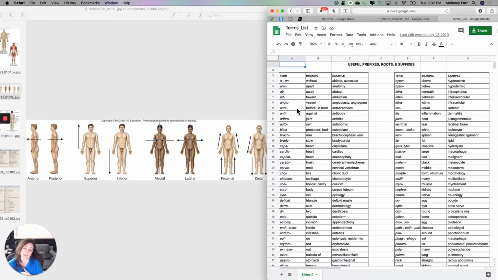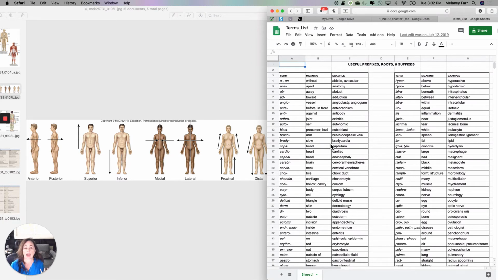So if, for instance, I ask you what a hematocytoblast is, and you have no idea, but you know that hemato means blood, cyto means cell, and that blast means bud or precursor, then you might be able to figure out in context that a hematocytoblast is a blood cell precursor, meaning the cells that make blood cells, and you find those in the red bone marrow.